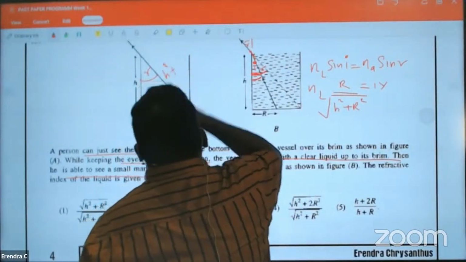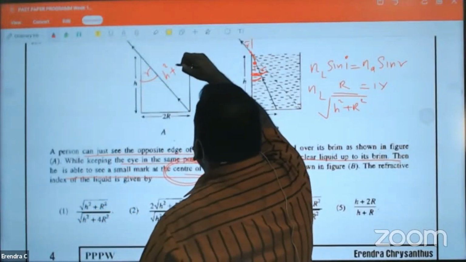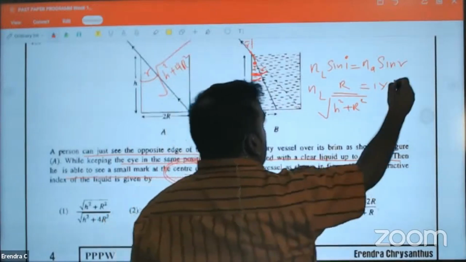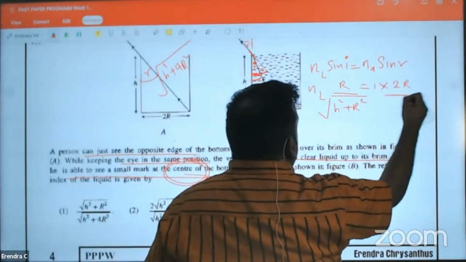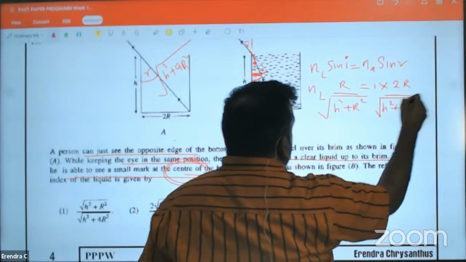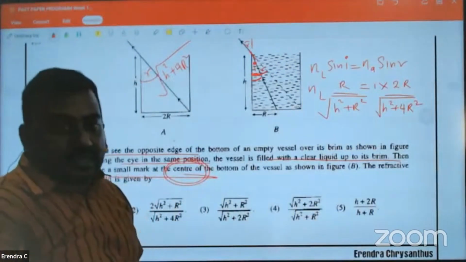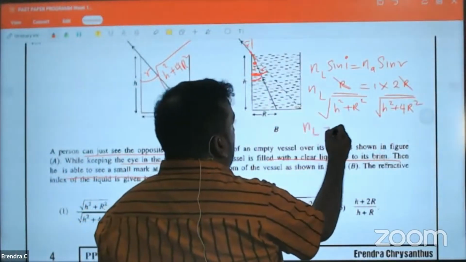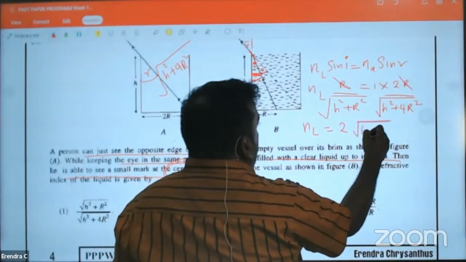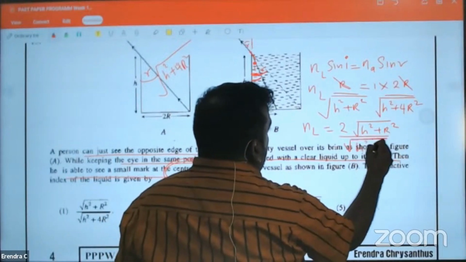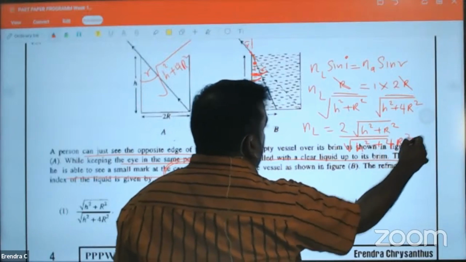What is the hypotenuse? Pythagoras, square root of h squared plus 4R squared. So here you have 2R divided by the square root of h squared plus 4R squared. Simplify this, R and R cancel off. N liquid is equal to 2 times the square root of h squared plus R squared divided by the square root of h squared plus 4R squared.